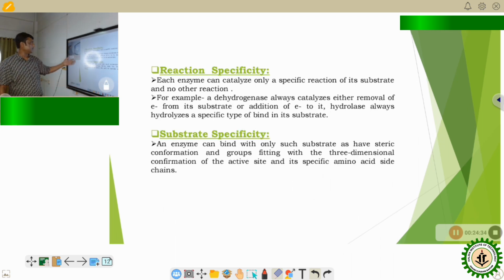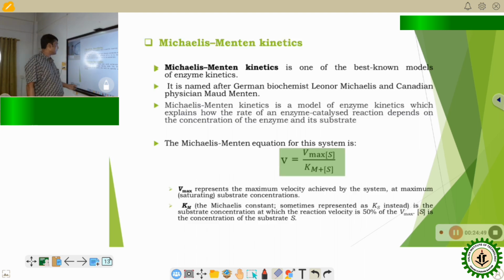Now as we said, enzymes are very specific: reaction specific, meaning they can catalyze only a specific reaction, and substrate specific, meaning they can bind with a specific substrate. Enzyme kinetics is mainly explained by Michaelis-Menten.